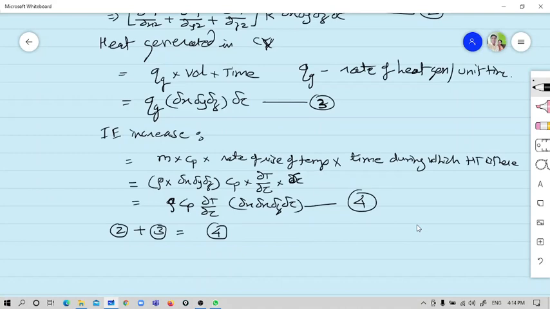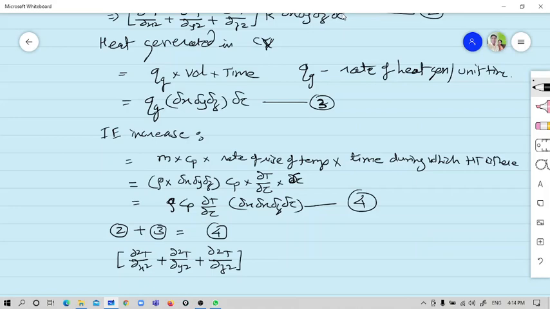It will be d2T by dx square plus d2T by dy square plus d2T by dz square, into bracket, with delta x, delta y, delta z and delta tau, which are common in all the equations and will get cancelled.